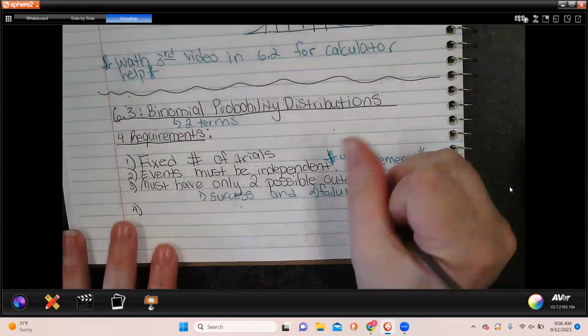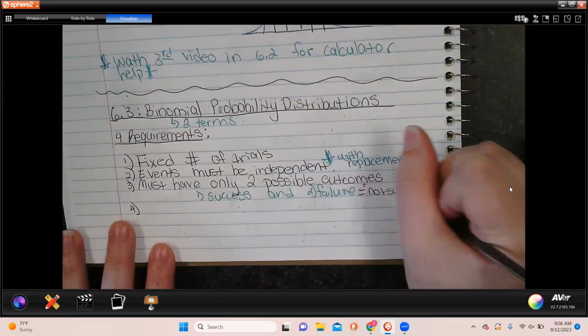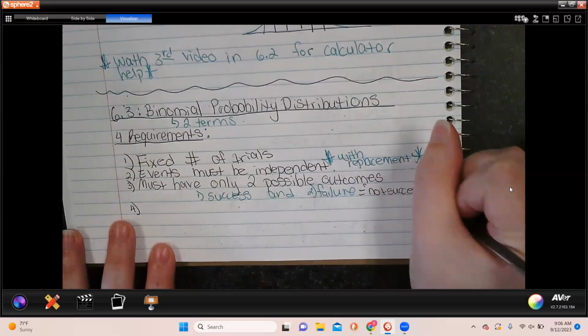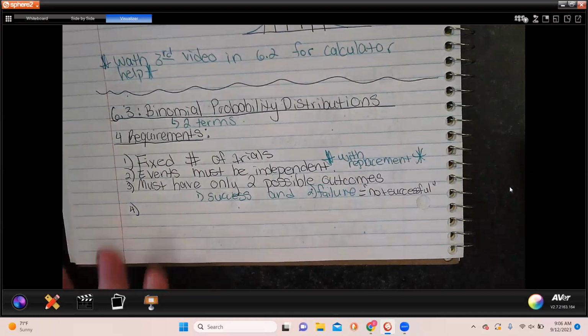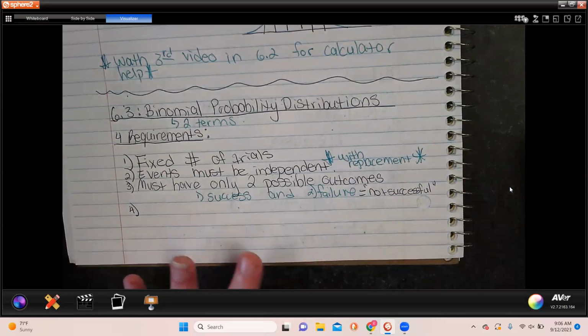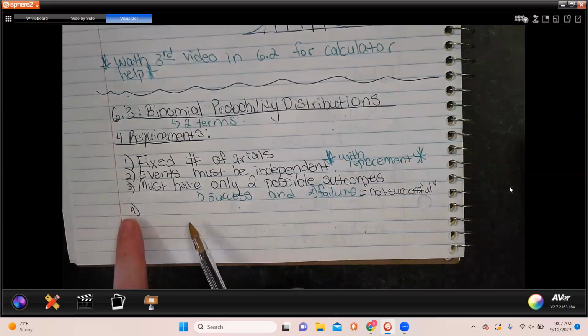But the failure could just be not successful. If there's nice, obvious differences between the situations, like rolling a dice or flipping a coin or pulling a card from a deck or things like that, where there's an obvious difference between each of the situations that's happening, then your failure could just be that you were not successful.